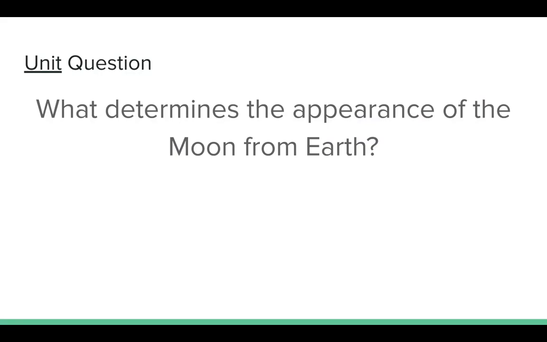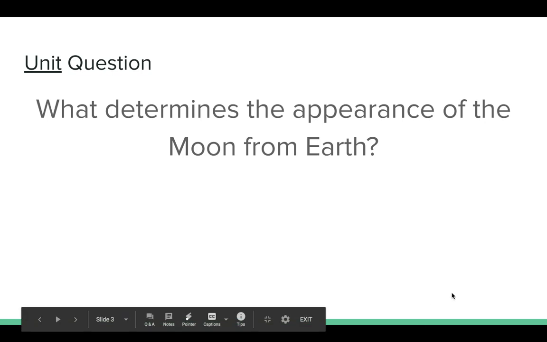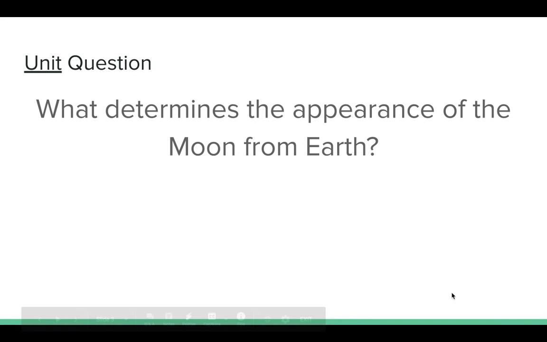Our unit question is the question that we are focusing on and that we will be going back to each chapter, trying to answer. The question says, what determines the appearance of the moon from Earth?